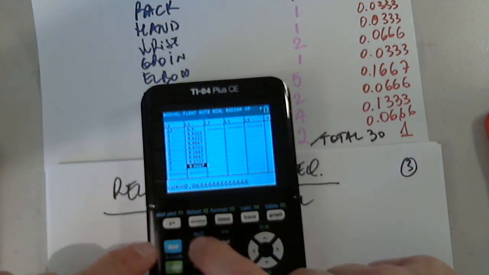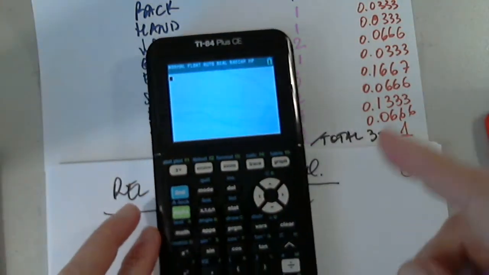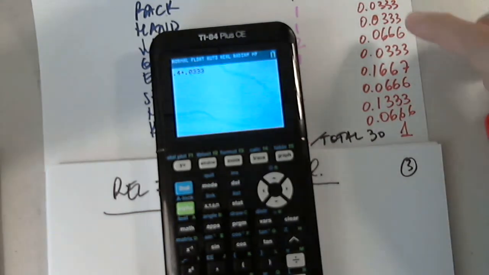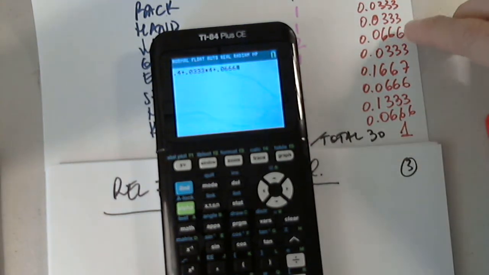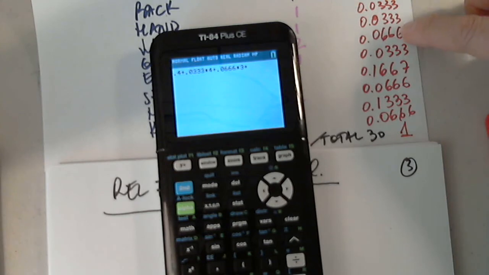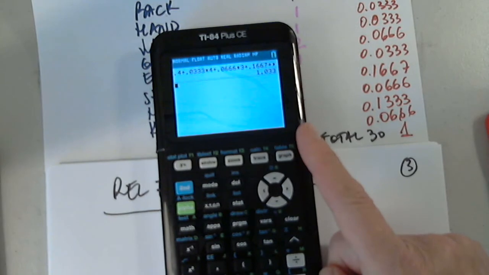So I have to go to second and quit, get out of that window, and add them by hand. 0.4 plus 0.0333, 4 times, plus 0.0666, 3 times, plus 0.1667, and plus 0.1333. And as you see, the answer is not exactly 1, it's more than 1.